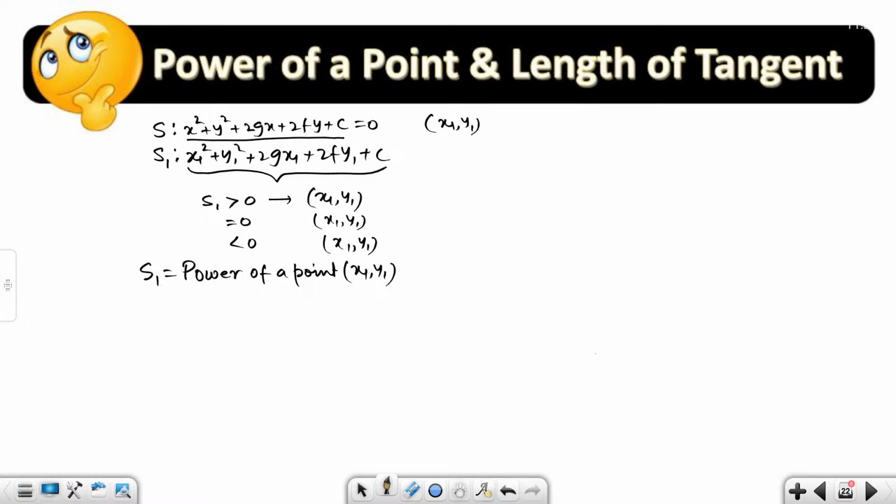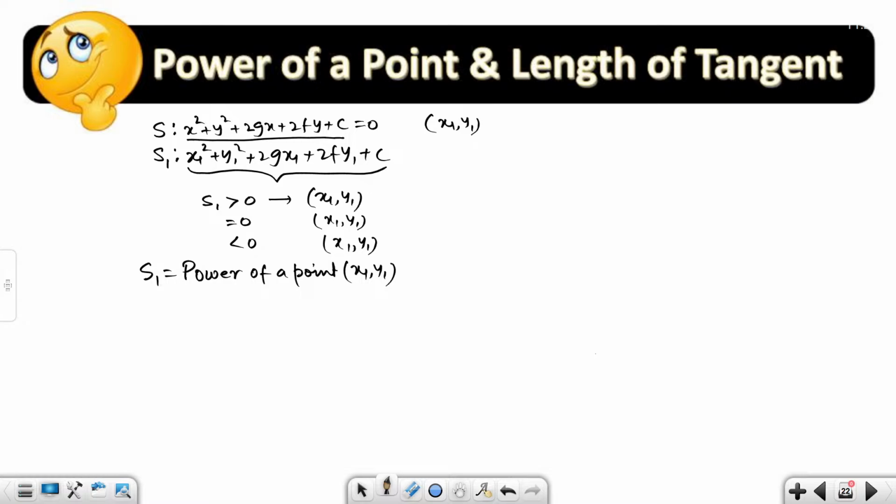Power of a point is not only valid for your circle, it is valid for parabola, ellipse, hyperbola, everywhere. So whenever we are saying that the point is outside, inside or on, we will talk with respect to the power of a point.